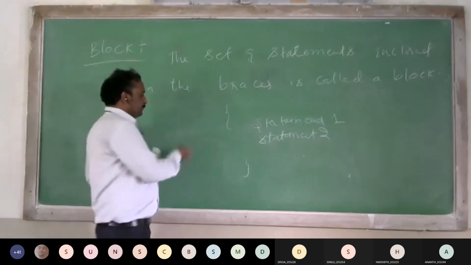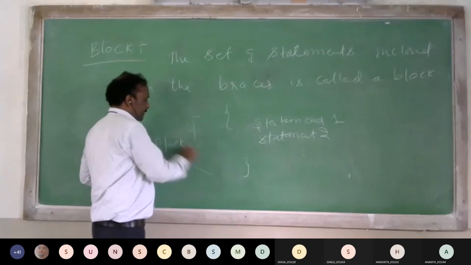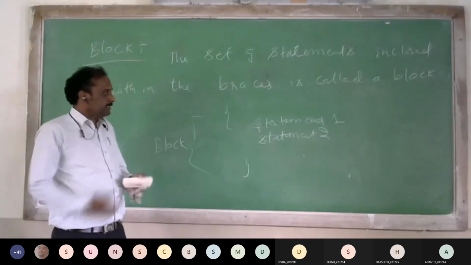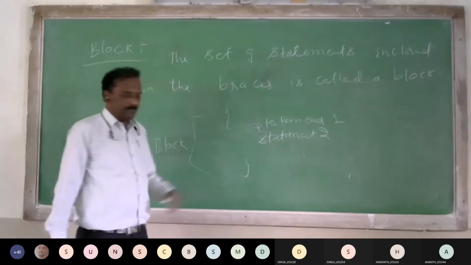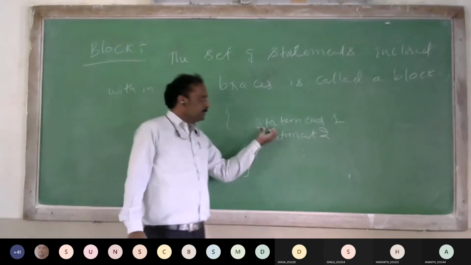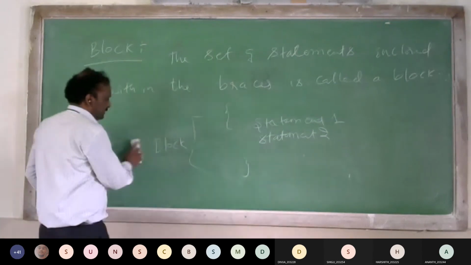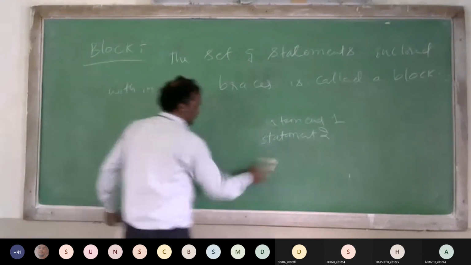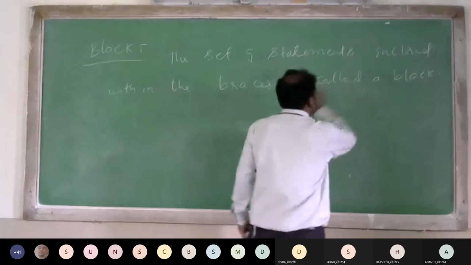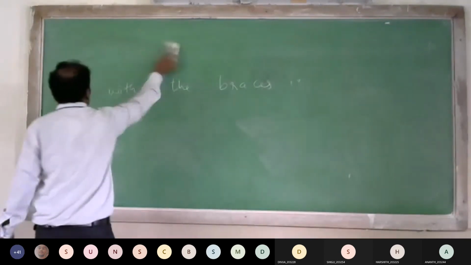Then this is called a block. The set of statements are written inside the flower braces. If you don't write inside the flower braces, then it will execute only the first statement. That we shall see in the control structure example. So block is a set of statements written inside the flower braces.